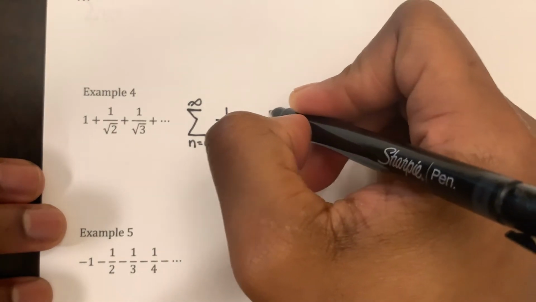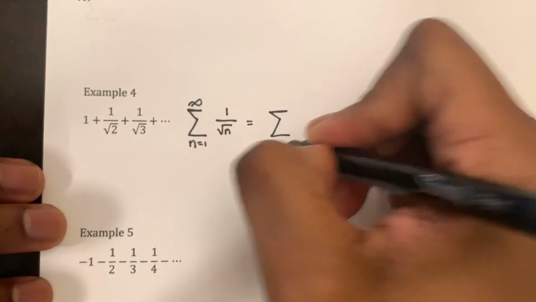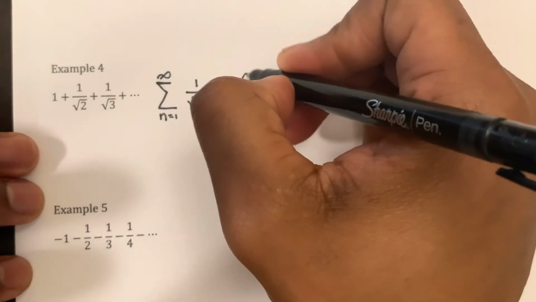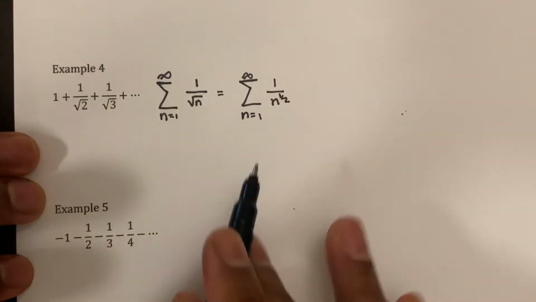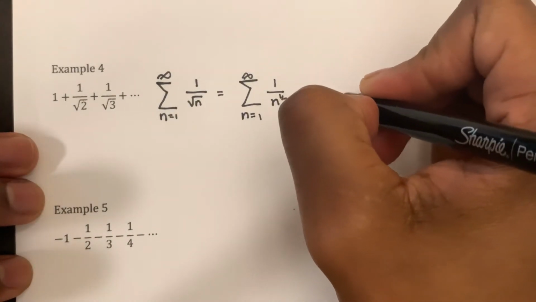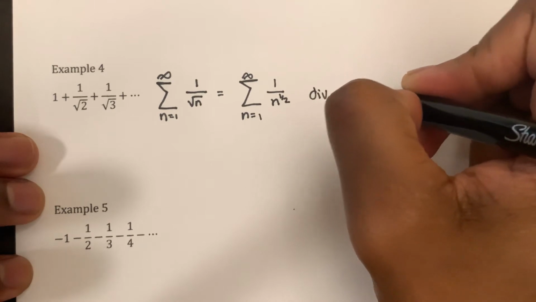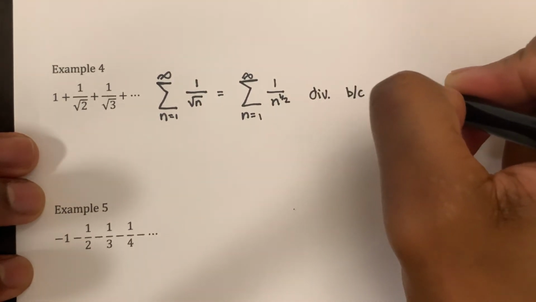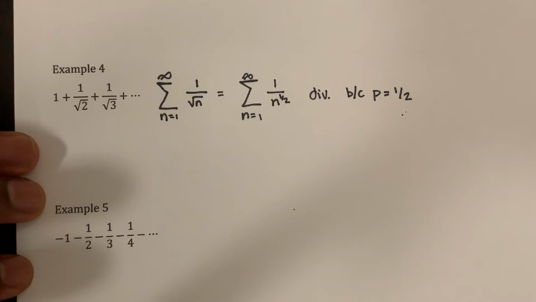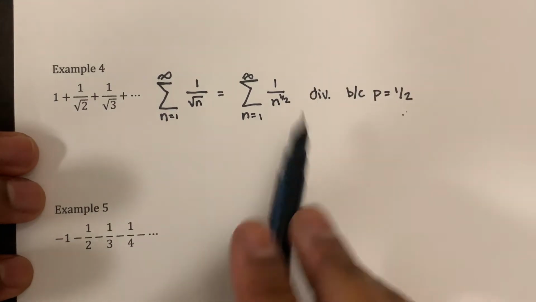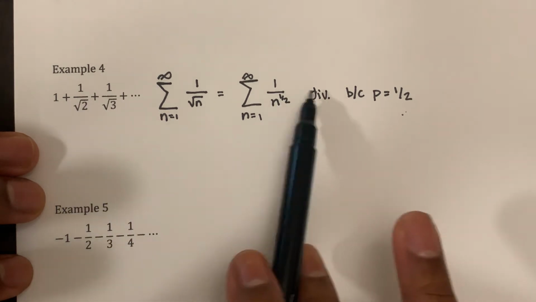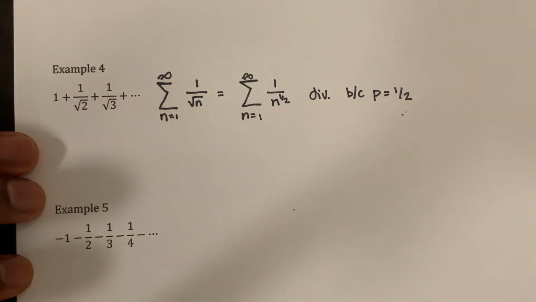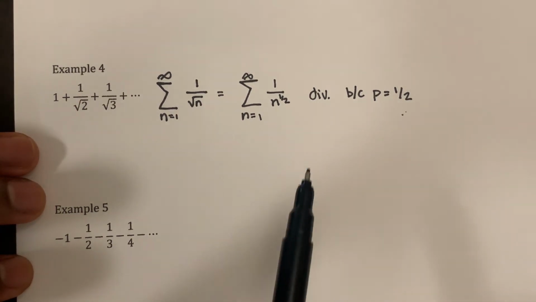Another rewrite you could do is the sum from n equals 1 to infinity of 1 over n to the 1/2. In this case, we're going to get divergent, because p equals 1/2. Now, if you did the integral test, you'd end up with 2n to the 1/2. And then when n goes to infinity, you're going to get a progressively larger square root. So because that integral diverges, so will this series.